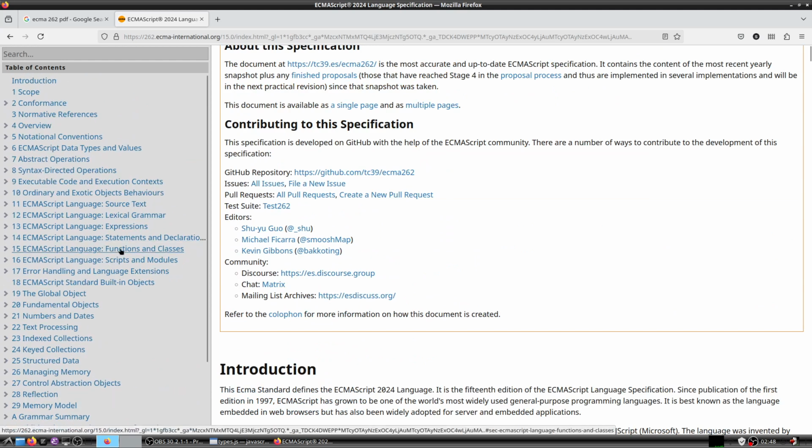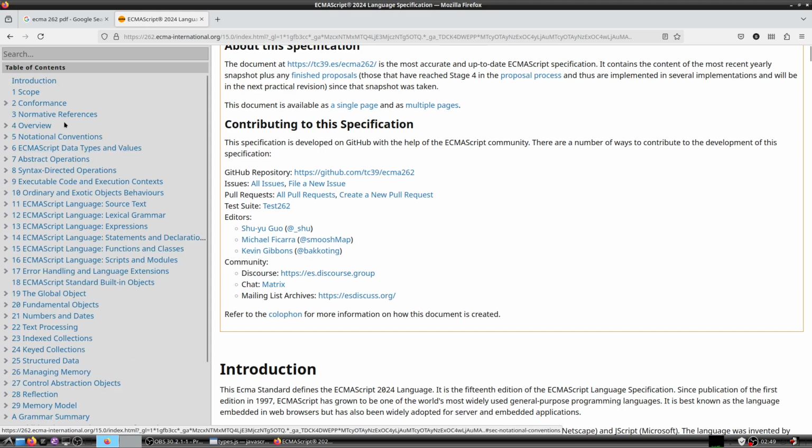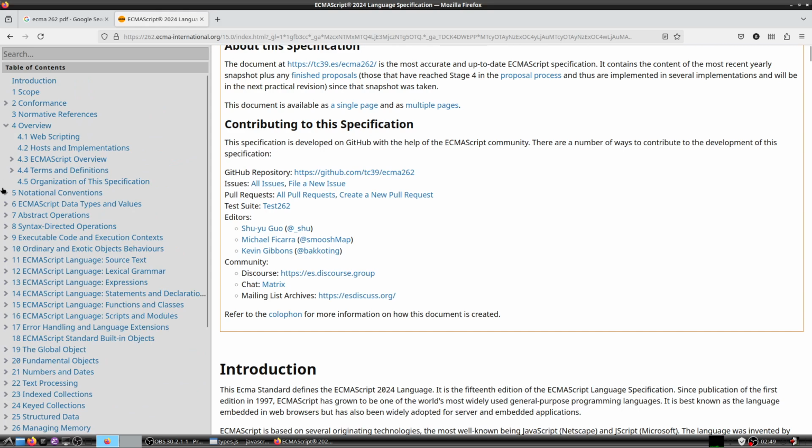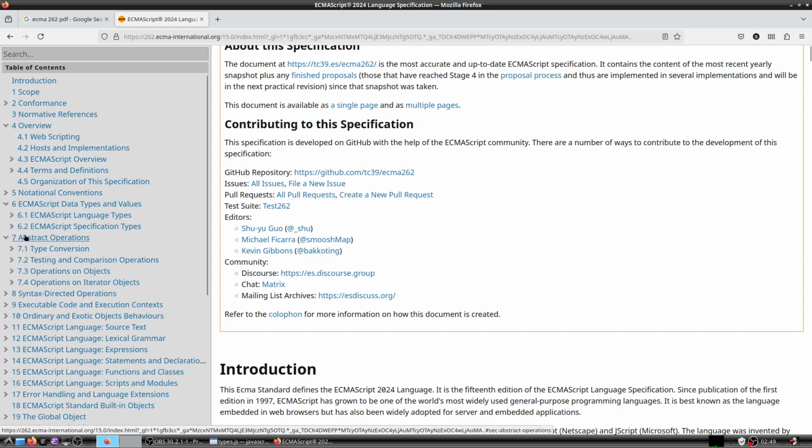So for example, I don't know operator behavior, so it should be in index. There is no index for that. Okay, so I don't remember where the operators are, but you can look at the table of contents and you can probably know where the operations are.